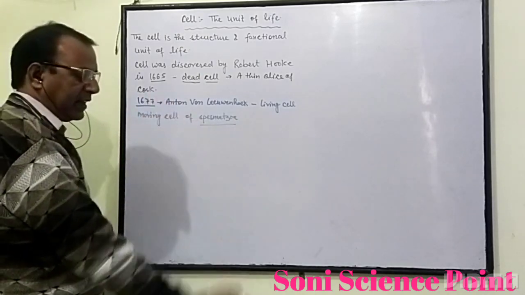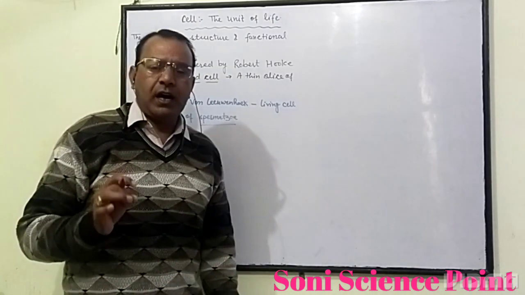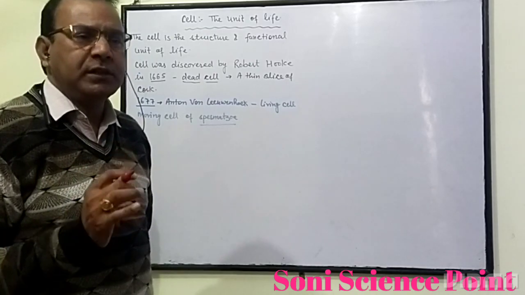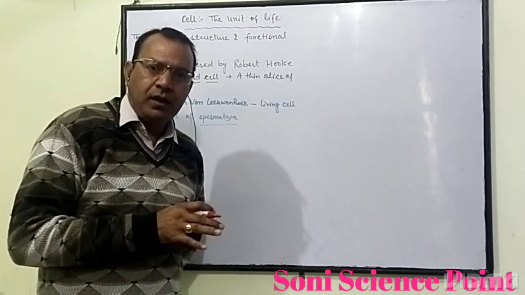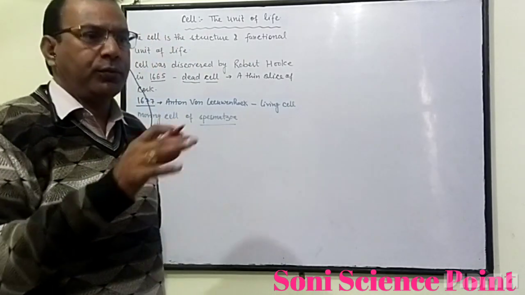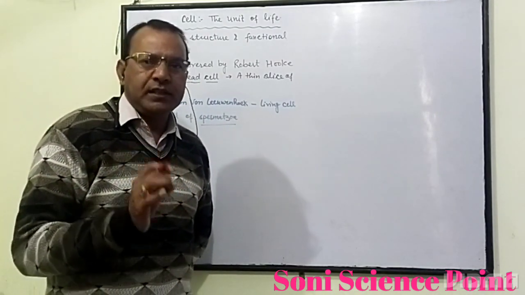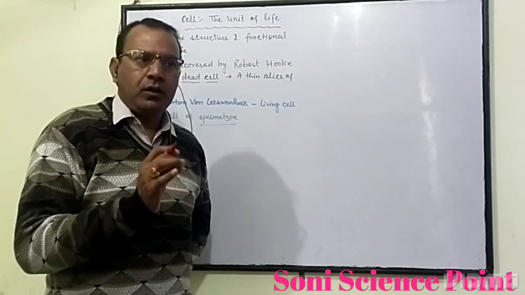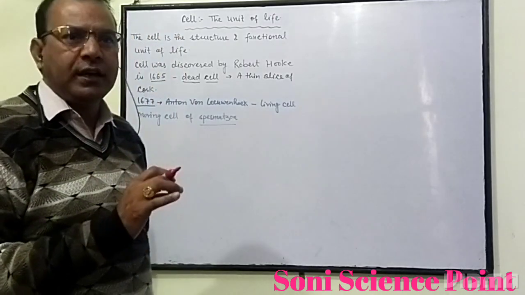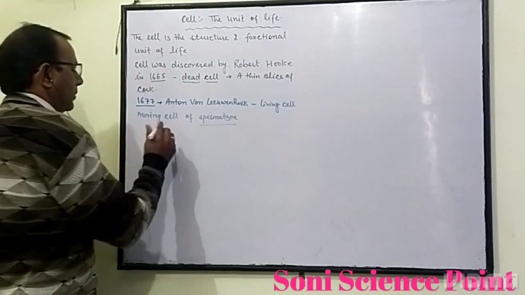The body of some organisms is made up of a single cell, and some are made up of two or more cells. So we can categorize organisms on the basis of the cells present.